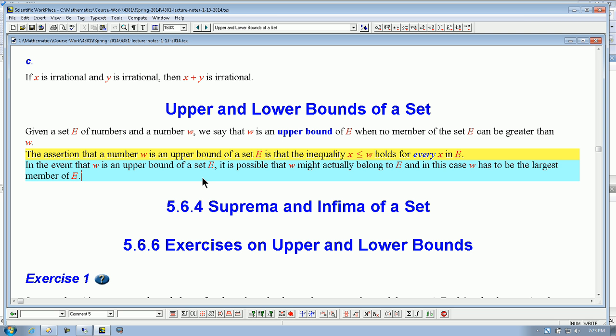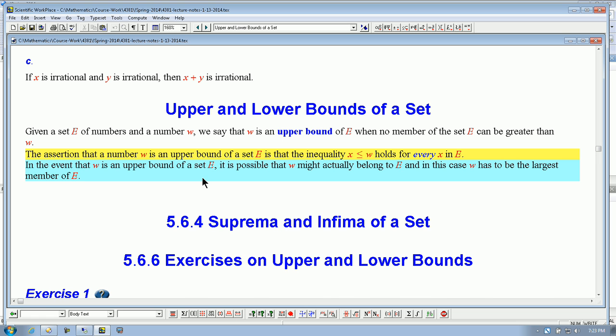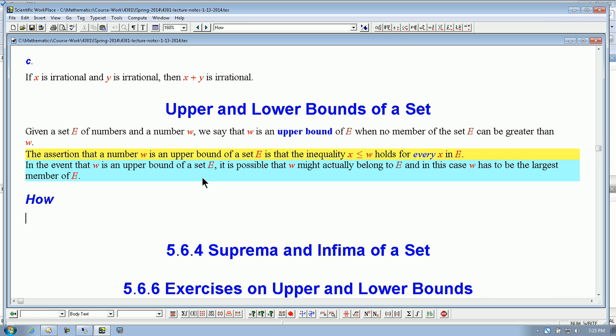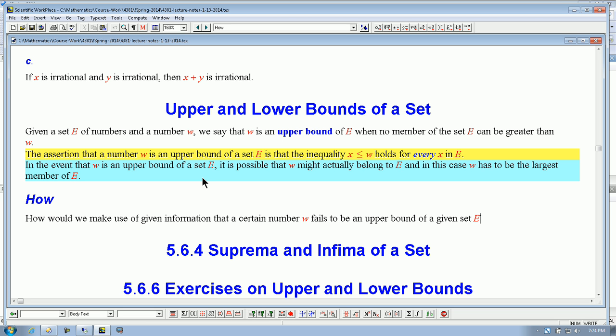Okay, well, I'm going to move forward from this, and I'm going to say, how would we make use of given information that a certain number, W, fails to be an upper bound of a given set E?